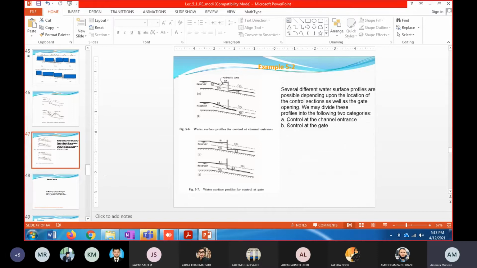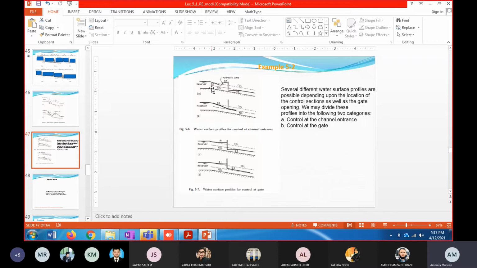So we may divide these profiles into the following two categories: control at the channel entrance, and control at the gate. For part A, let's consider that control is at the channel entrance. If the control is at the channel entrance, then the channel discharge is not controlled by the sluice gate.